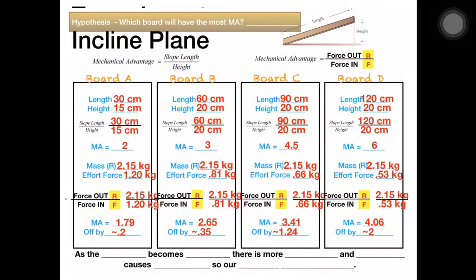We can see that board A was off by 0.2, board B was off by 0.35, board C was off by 1.25, and board D was off by 2.06. Okay, so approximately, 2. So every time we seem to be getting worse, and there's got to be a reason for this.